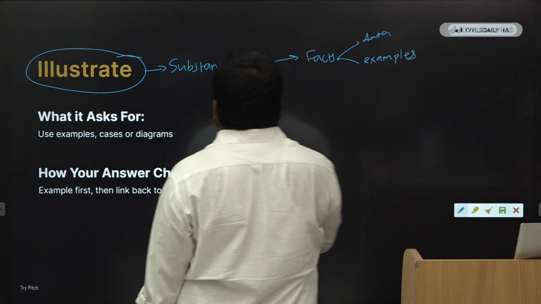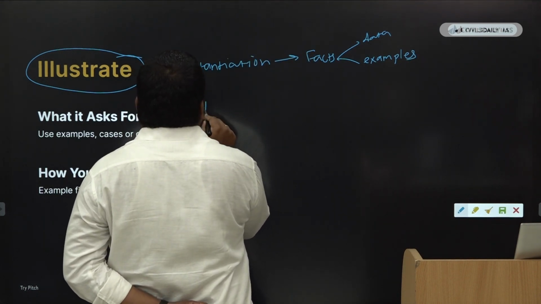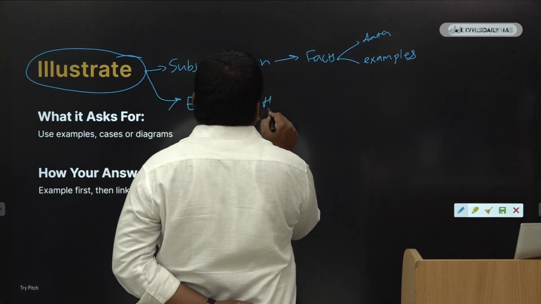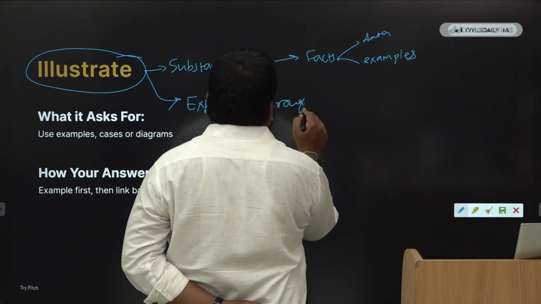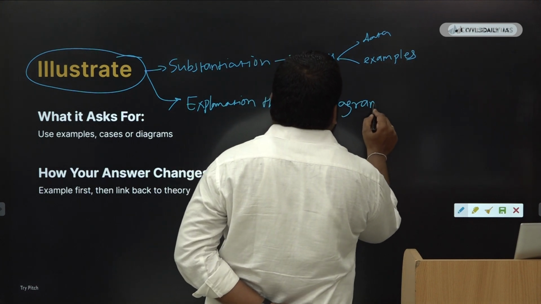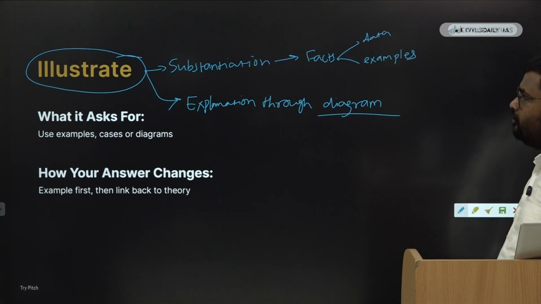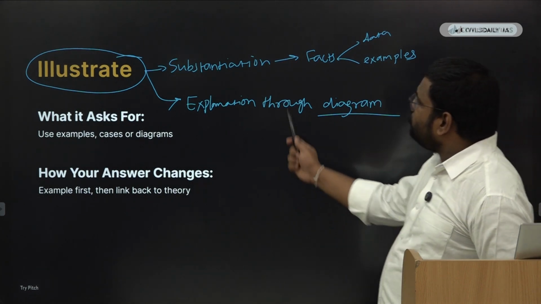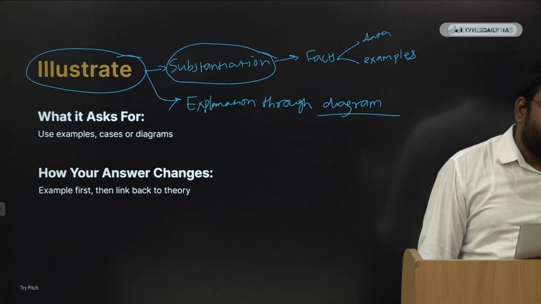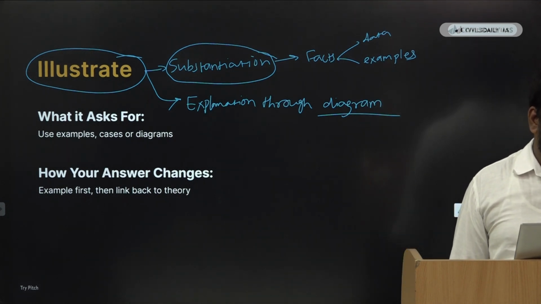And second, they also expect explanation through diagrams. So when the directive is illustrate, remember that for the maximum of your points, there has to be some sort of substantiation.